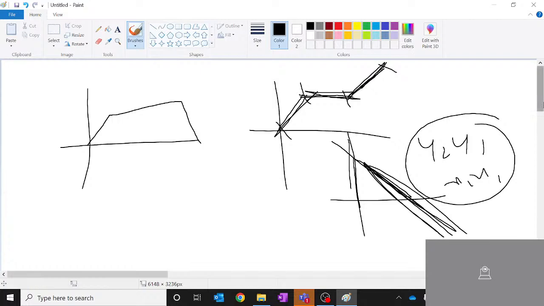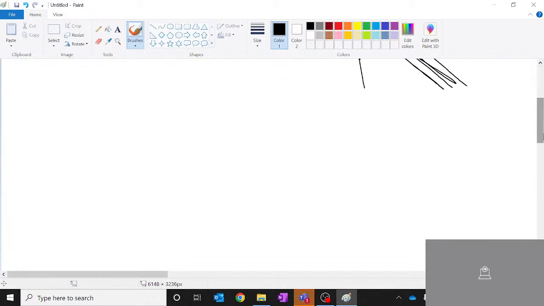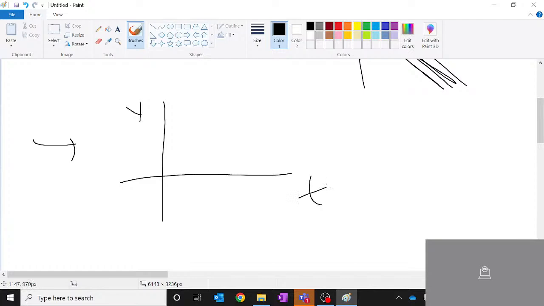Now in other concepts, they would give you, say, a velocity time graph, and let's say this is a triangle. So this is 5. Let's say this is 10 and this is 0. Velocity time graph.